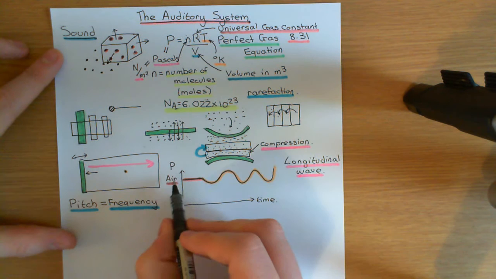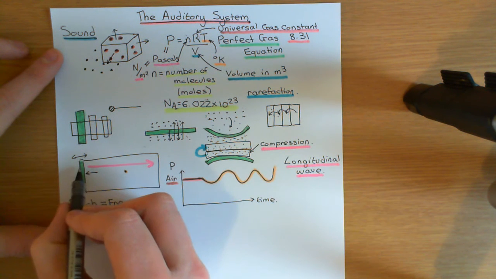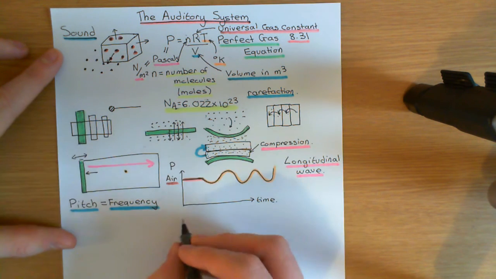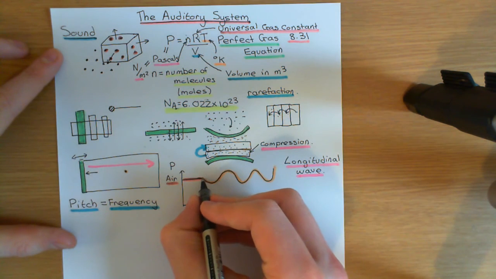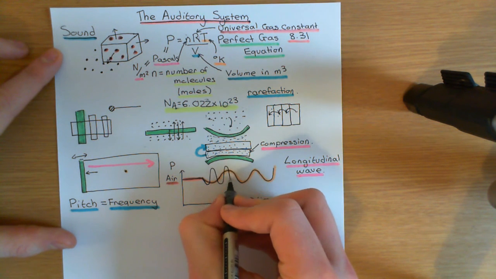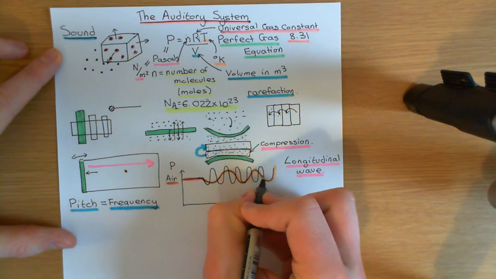It's actually best seen in terms of this graph here. If I now made this bar of the xylophone smaller, so I turned it into one of these more high-pitched bars and hit it, the graph that I would now get would maybe look something like this instead. You can see that we're going between rarefaction and compression much more rapidly than previously.